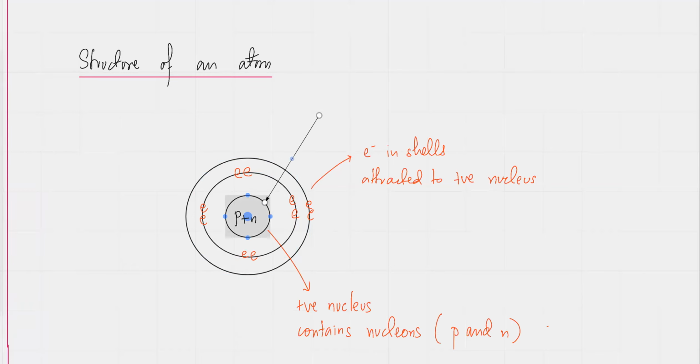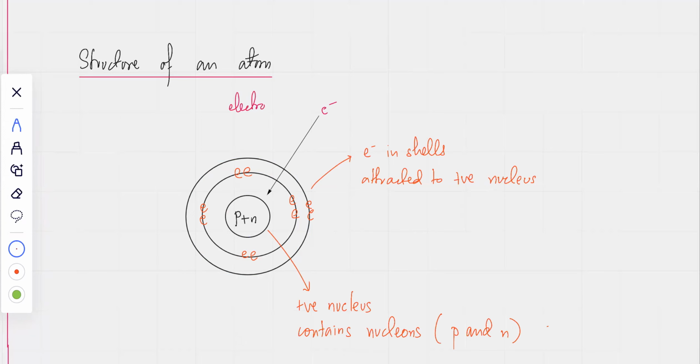All these electrons are attracted to the nucleus, and that force is known as, in chemistry, you always have one force, which is an electrostatic force of attraction. That's the force of attraction between oppositely charged particles.